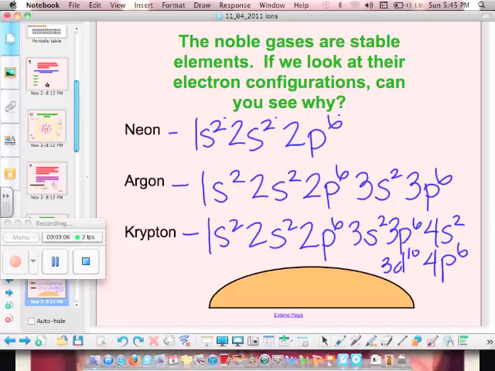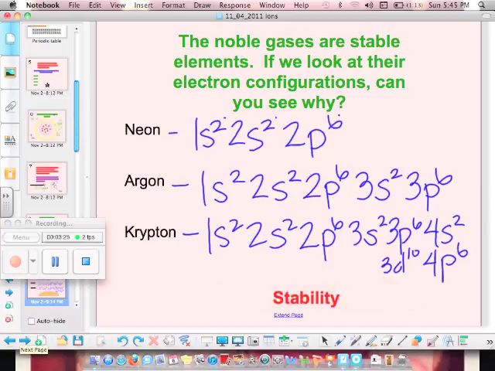At the same time, if they're already filled, are they looking for electrons? So when I talk about electronegativity, are they looking for more electrons to fill up their orbitals? Well, no, because they're already filled. So this is a key factor as to why all these noble gases are actually stable.